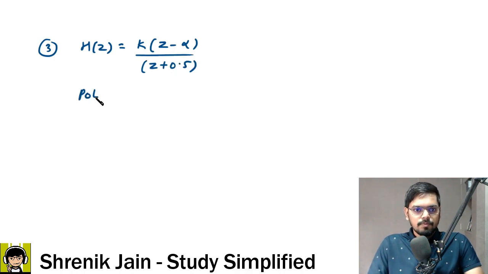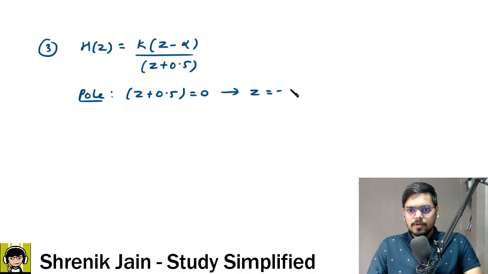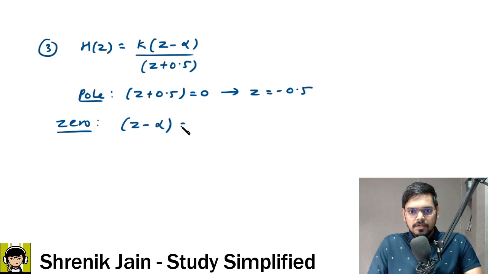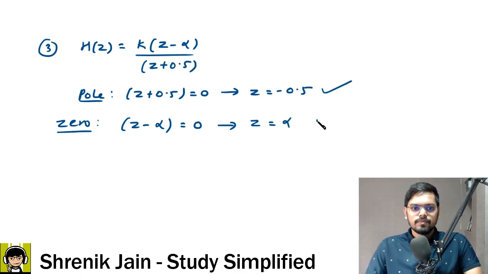To get the pole, denominator equated to 0, therefore z is equal to minus 0.5. To get the zero, numerator is equated to 0, so z minus alpha is equal to 0. You get your zero as z is equal to alpha. So this is your pole, this is your zero.